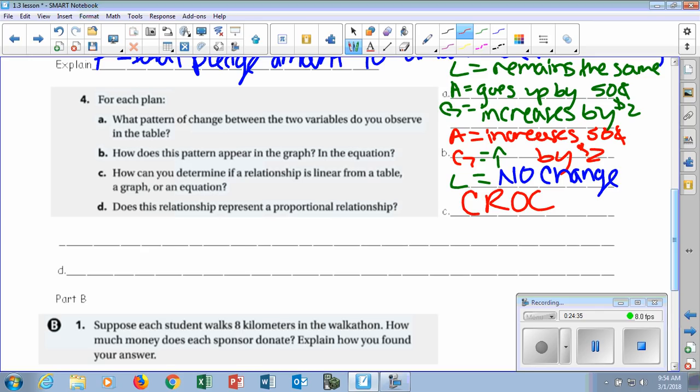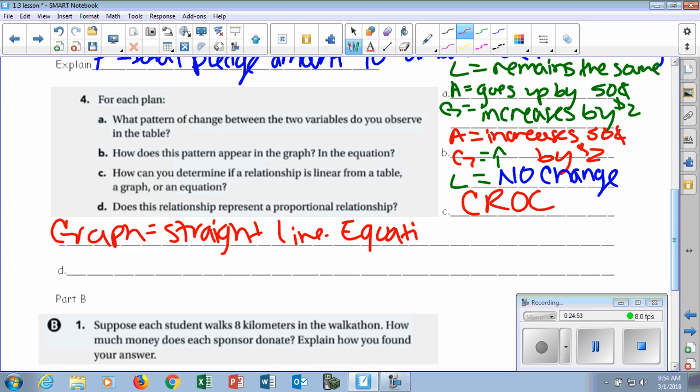In the graph, we see that by looking at a straight line. And in the equation, it is shown because of what type of equation do we know for a linear line? Aiden, please tell me that we went over it yesterday.